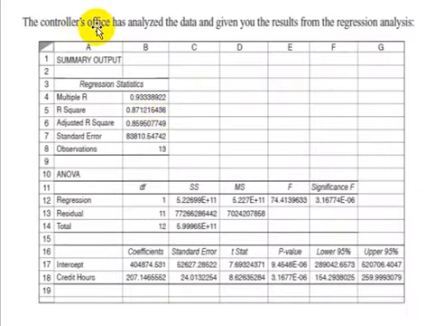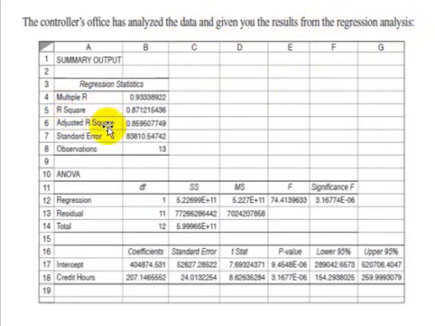The controller's office has analyzed the data and given you the results from the regression analysis. We have multiple R, which represents the correlation coefficient. R square, the coefficient of determination.